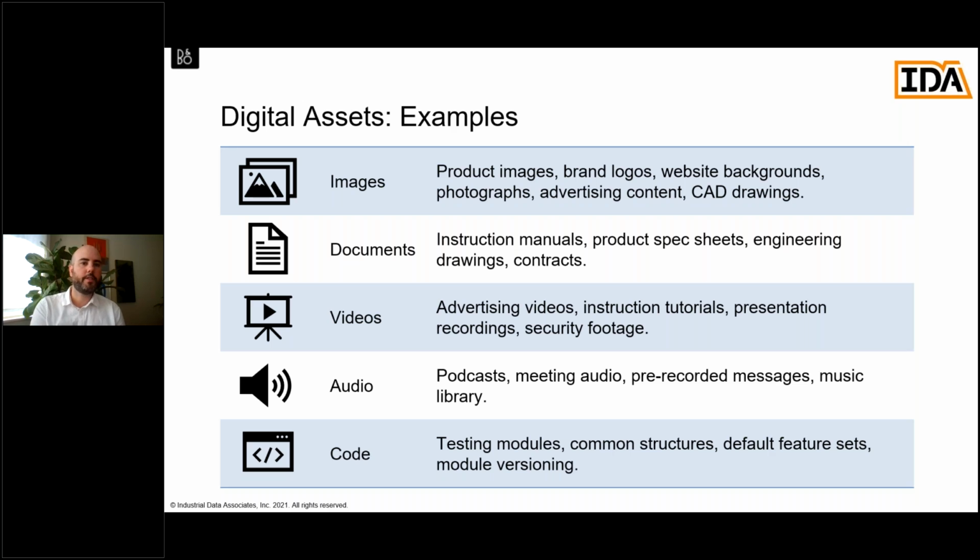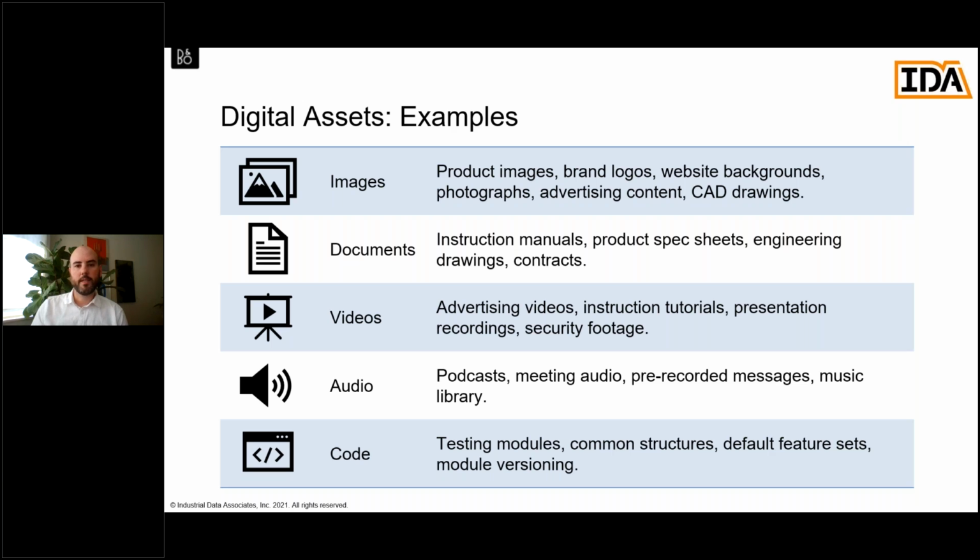What do we mean when we talk about digital assets? Digital assets are things like images, documents, video, audio, even programming or web code can be thought of as a digital asset. It's any sort of asset that you want to manage in the digital sphere. So common image type assets might be a product image, a brand logo, images for a website, photographs, advertising, or even CAD drawings.